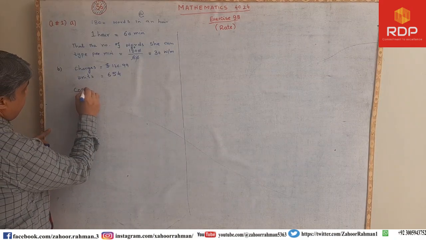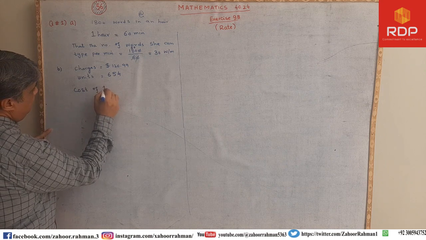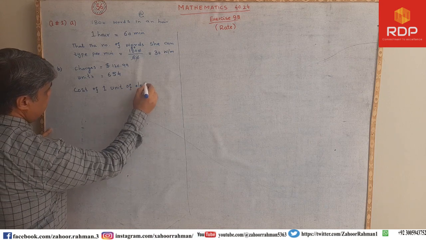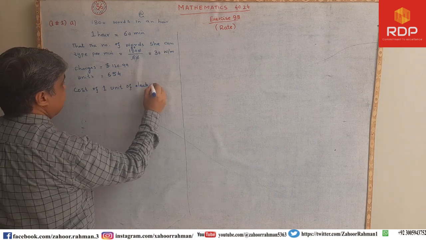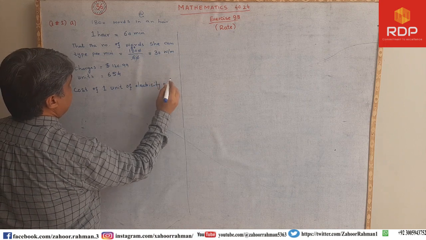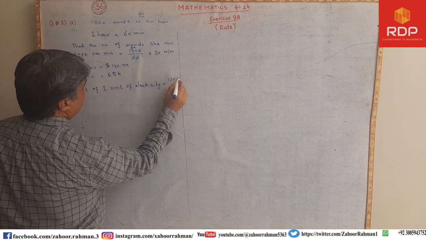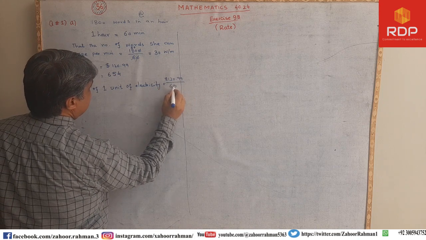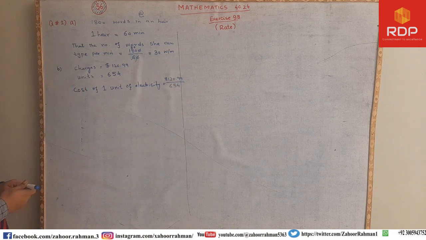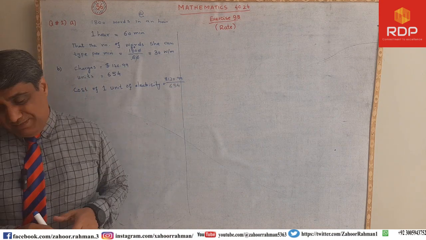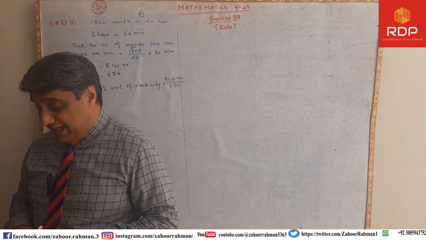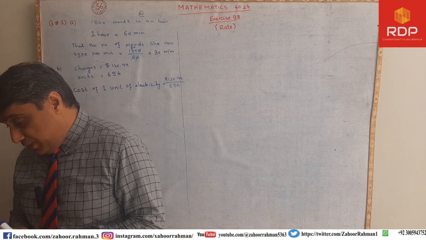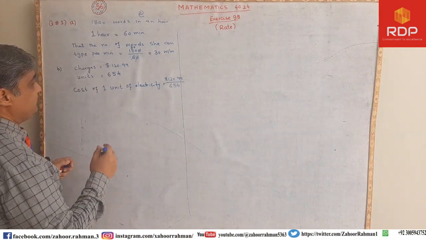So we will write here: cost of 1 unit of electricity is equal to $120.99 per 654. So we will say that this company is giving at the rate of this, which is equal to 0.19.